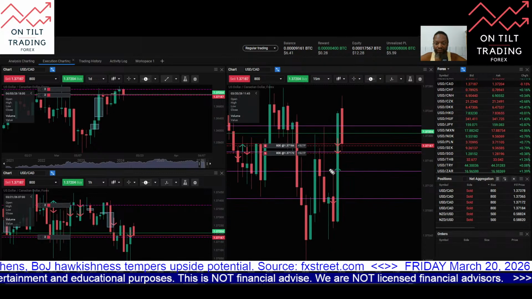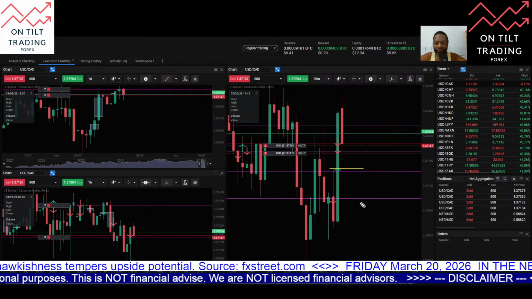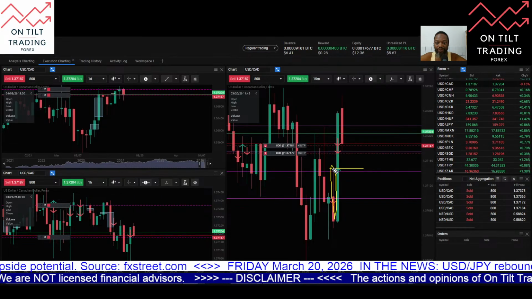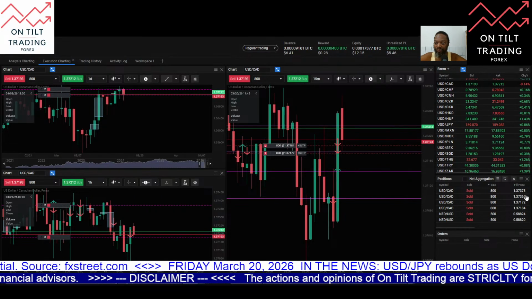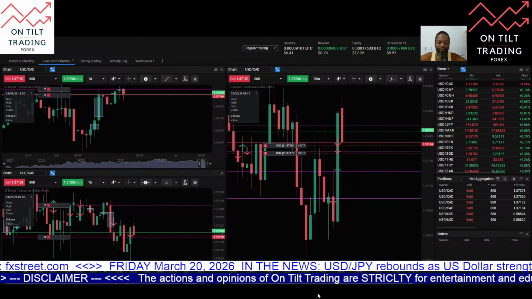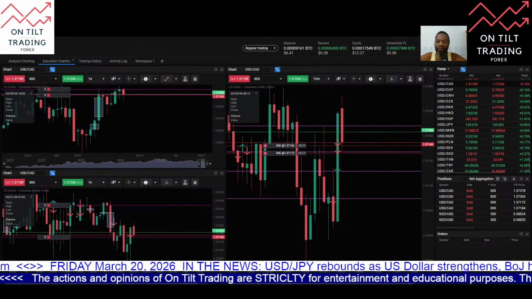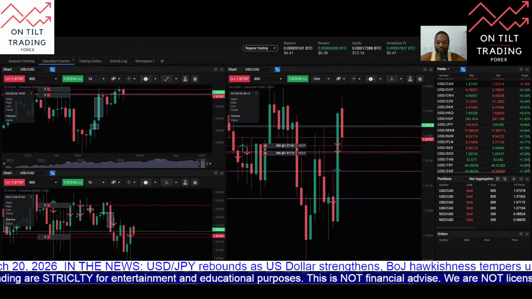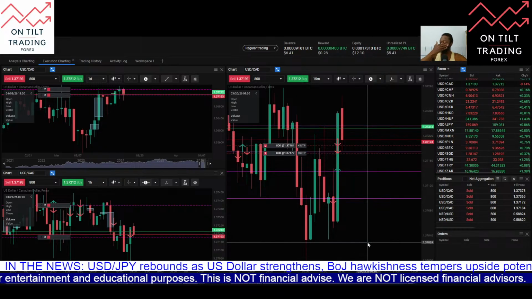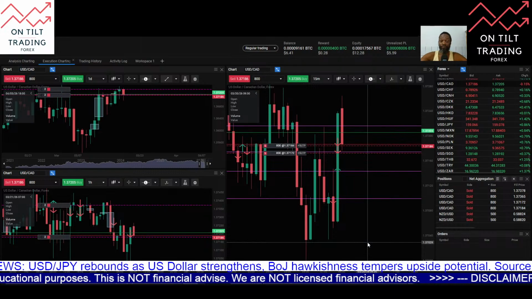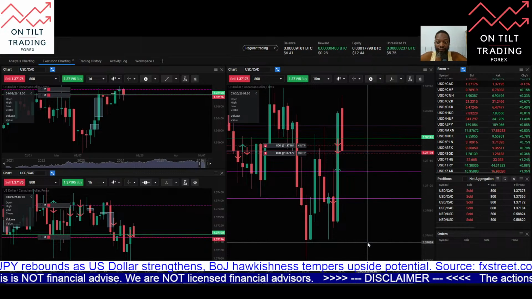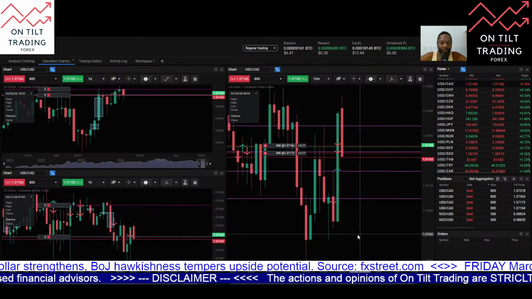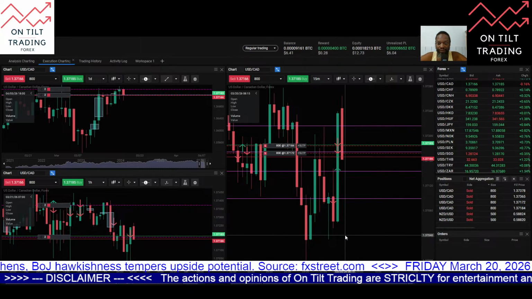So this was the level that I mentioned previously, which is the high of this bearish or down close candle. If it gets there, there'll be a higher probability of price continuing to the sell side here.